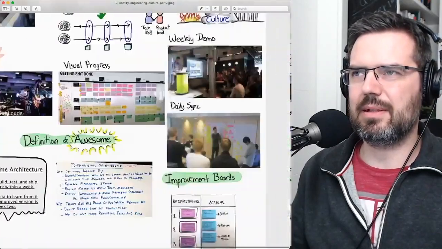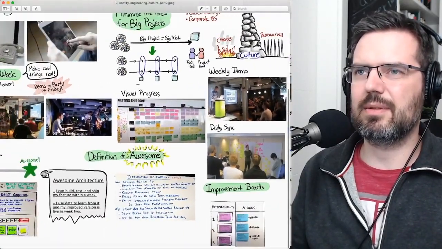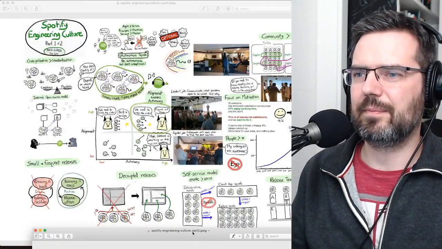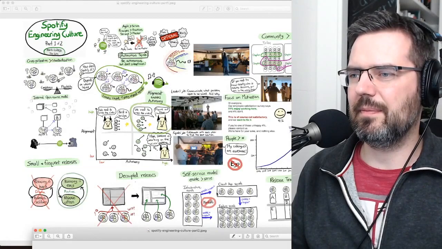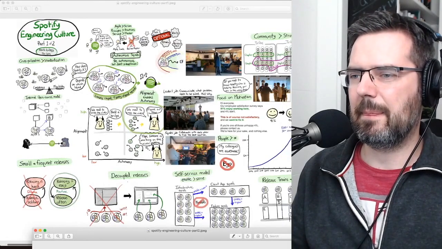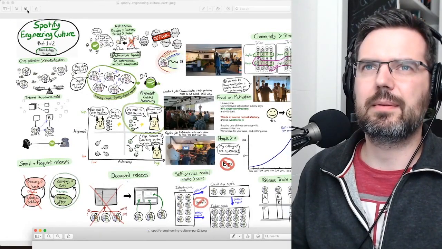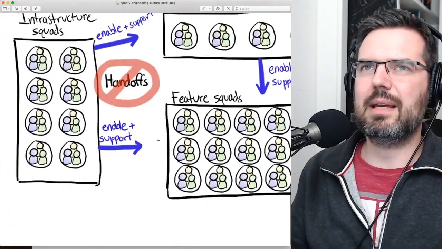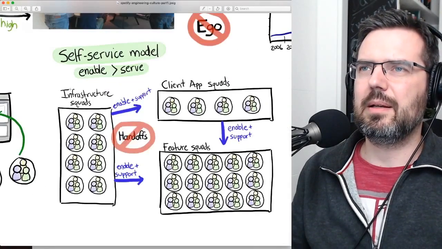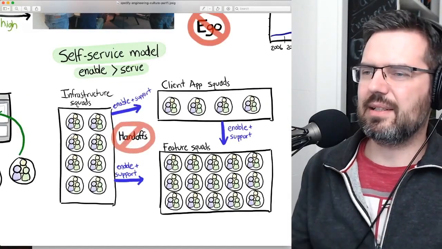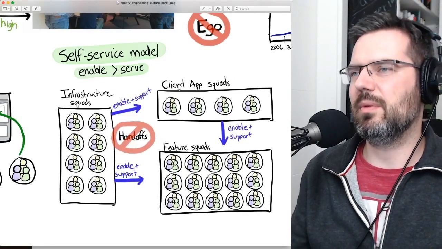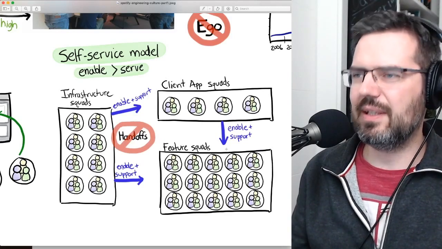Was this in the previous slide? I think this was from the previous slide, the handoffs. Let's just zoom in here. I think what they meant with this slide is people can self-service everything, so you don't need some guys who are working with the infrastructure or with the client app, and then with the features.